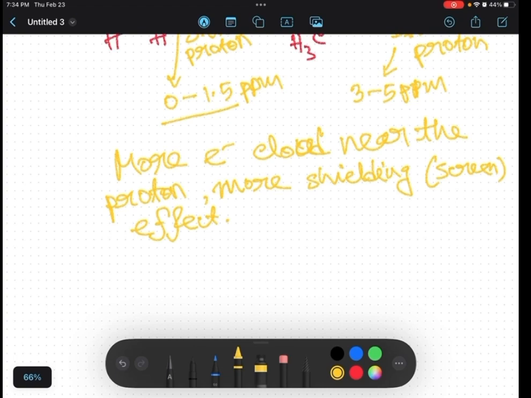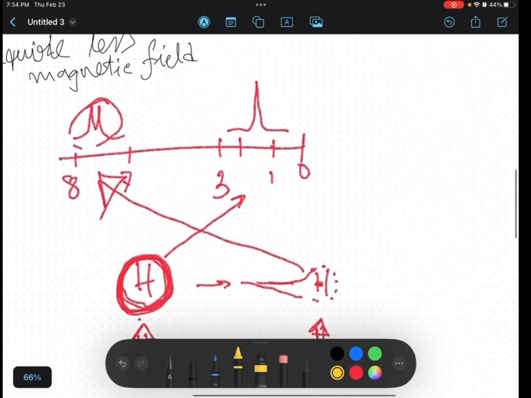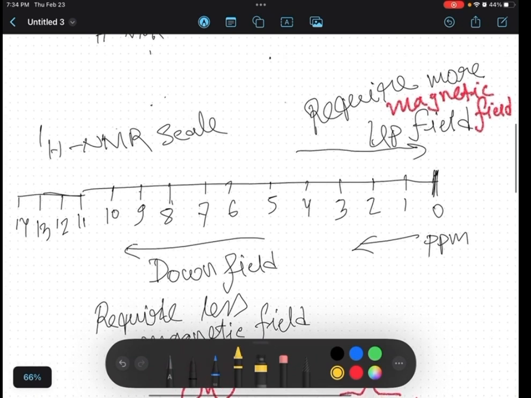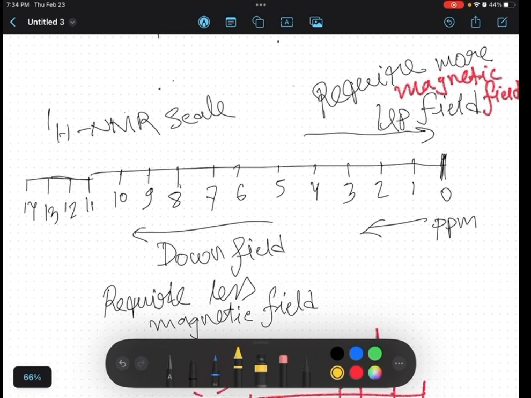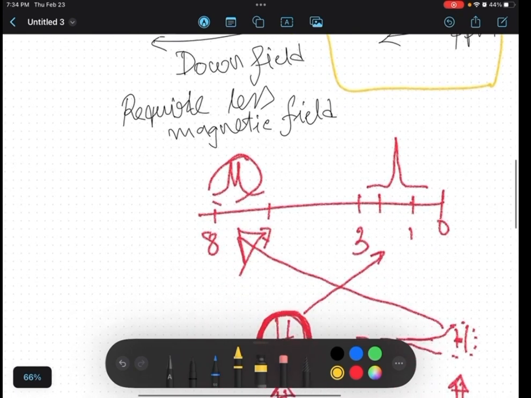So if you now go back to the scale, whichever proton has more electron density around it will show up around this side of the scale. The protons which have less electron density around will show downfield. That means upper value, more de-shielded. So shielding effect and de-shielding effect, I hope you understand.